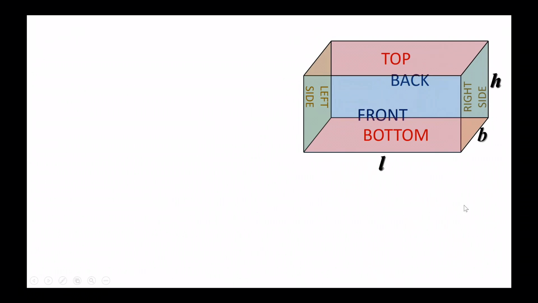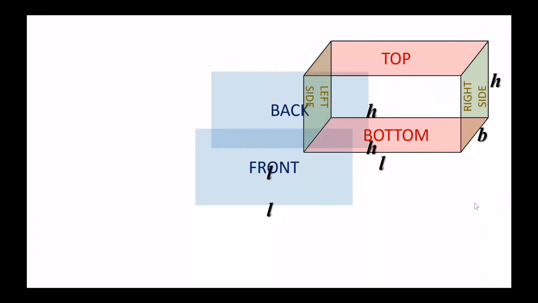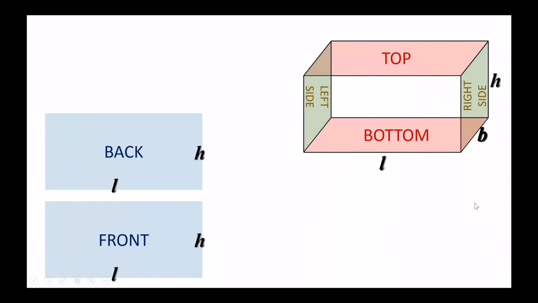Let us see them. If we consider front and back 2 faces, they have the dimensions L and H. So basically front and back side of a cuboid are the rectangles with area L times H.